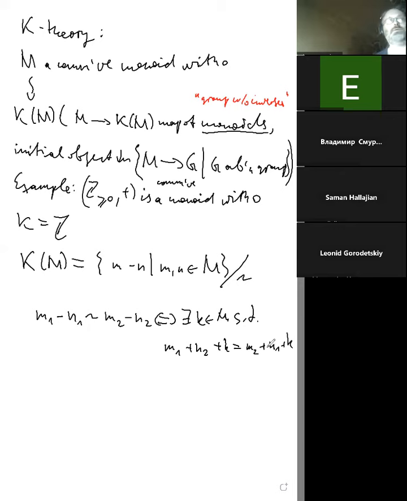Okay, so K of M is a group and K is a functor from the category of monoids to abelian groups.